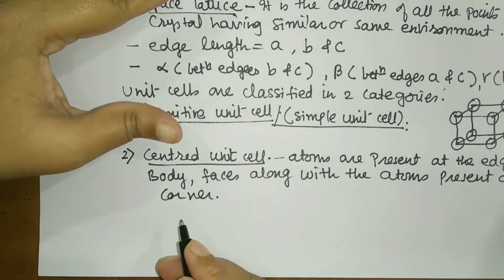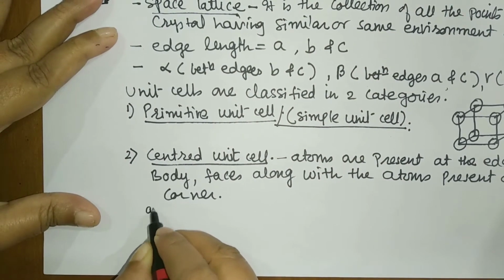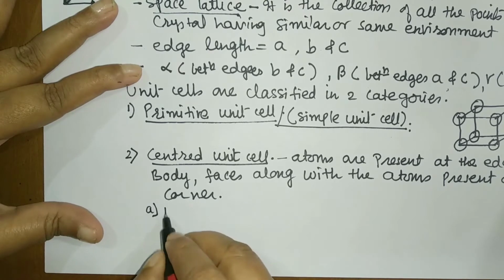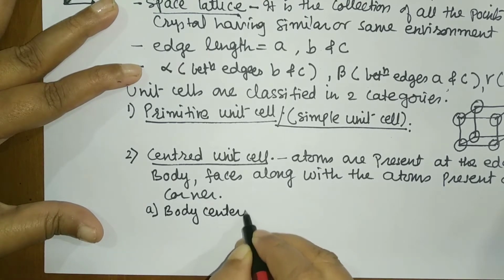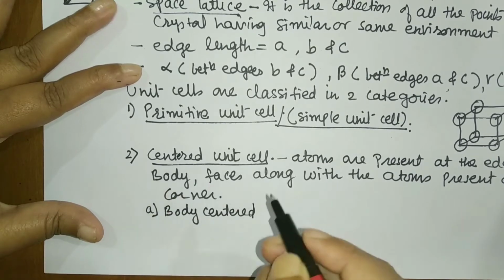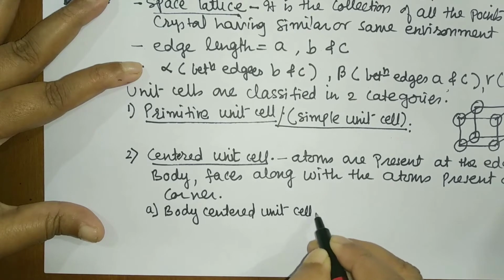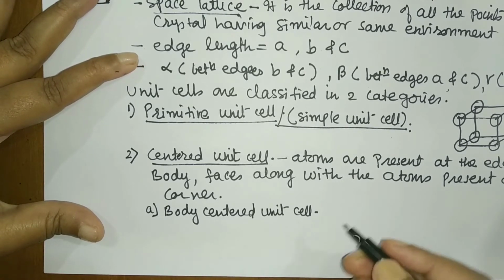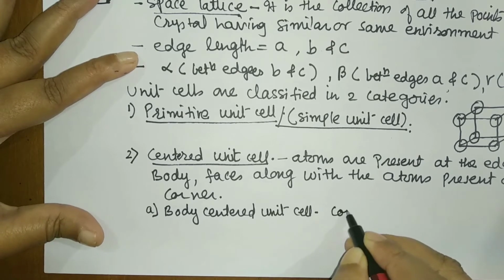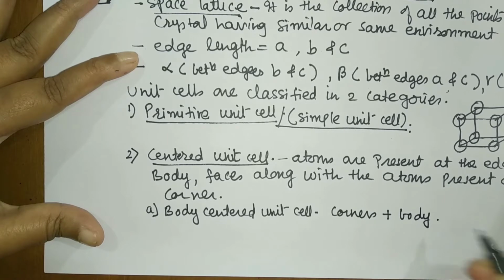So those centered unit cells are again classified in three types. The first here is body centered unit cell. Here the atoms are present at the corners plus an atom is present in the body.